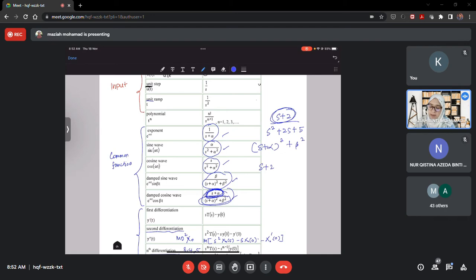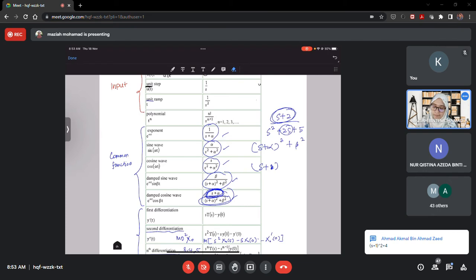S plus 2 square is s square plus 4s plus 4, but this is 4, this is 2, so we cannot use s plus 2. Let's try s plus 1.